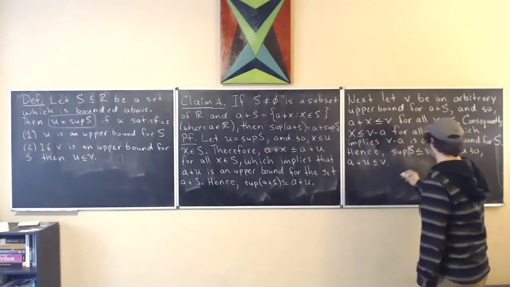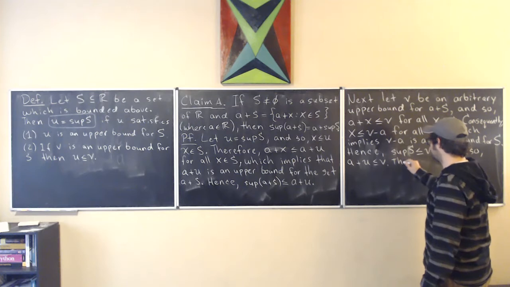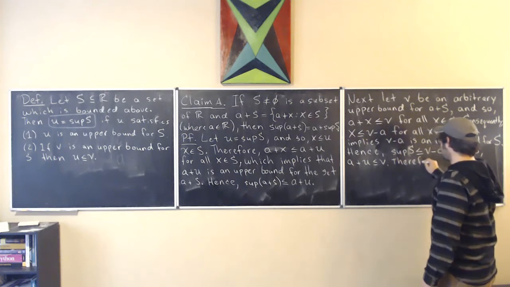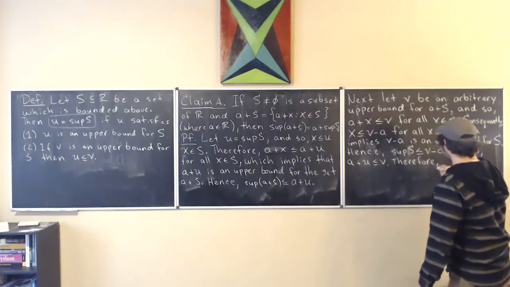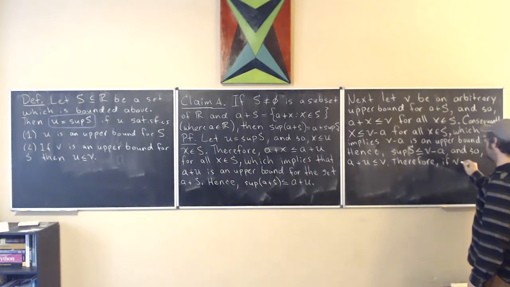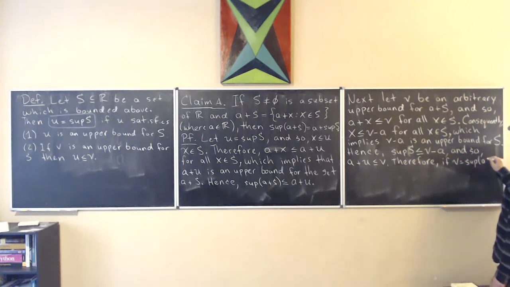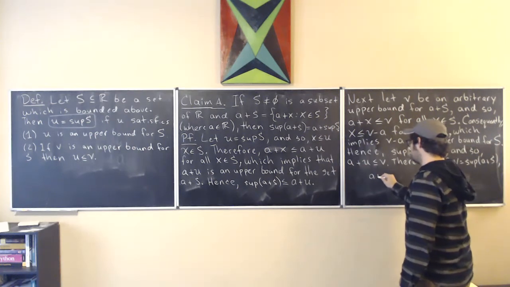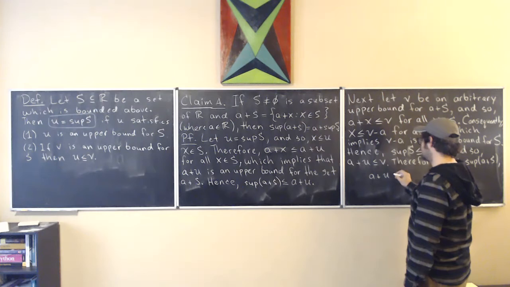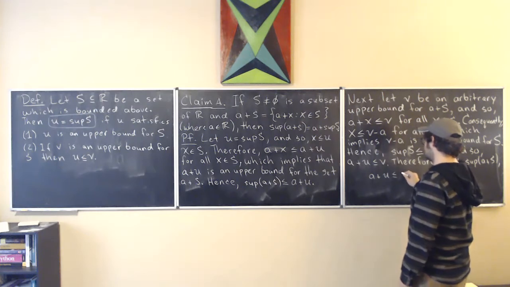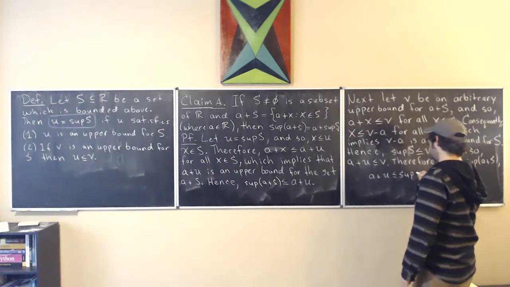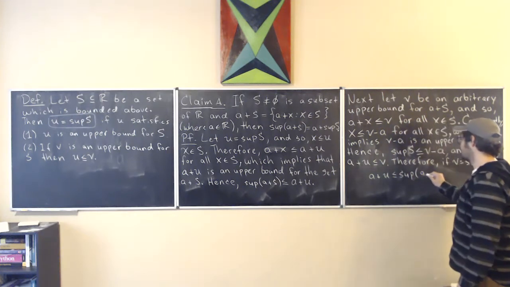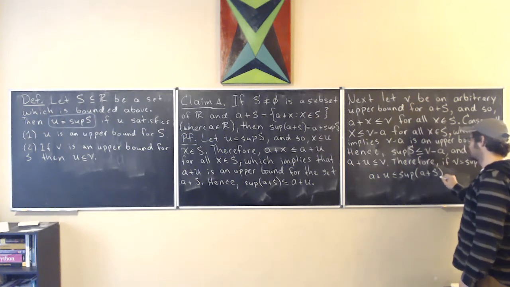So if V is equal to the supremum of A plus S, we have that A plus U is less than or equal to the supremum of A plus S.